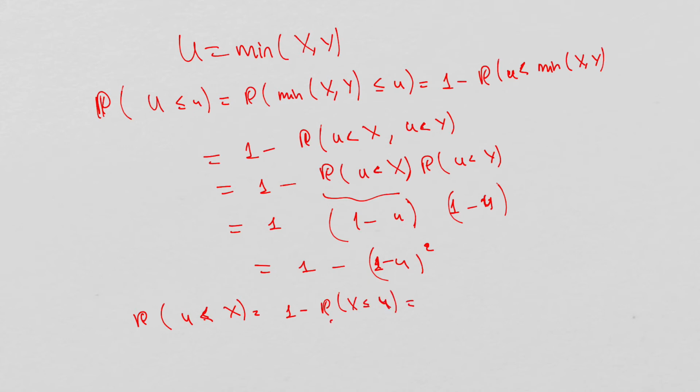Well, this is telling us it's 1 minus u. So we found that this is 1 minus (1 minus u) squared, right?